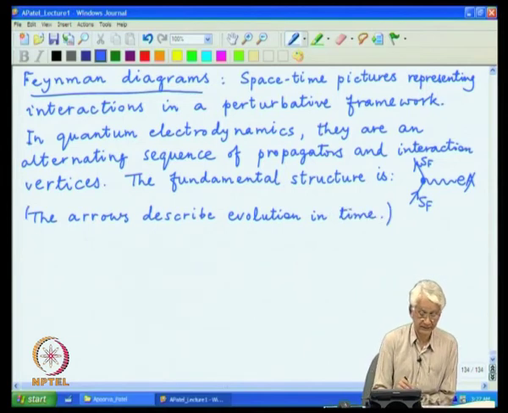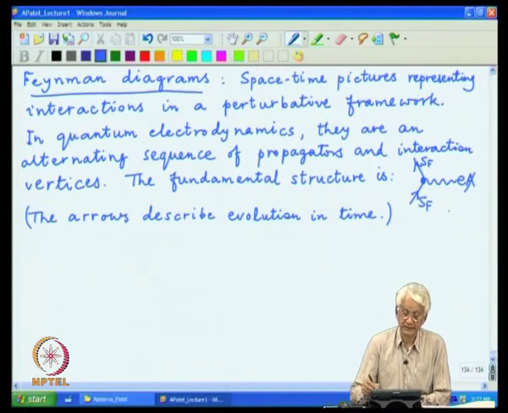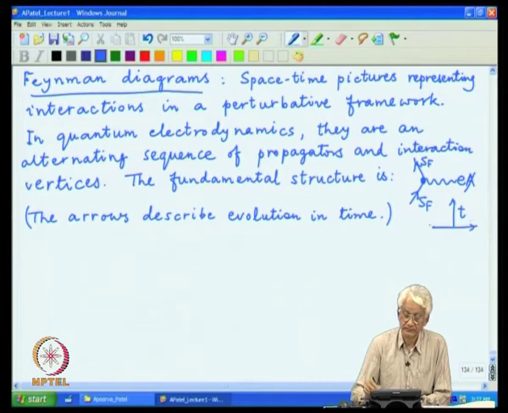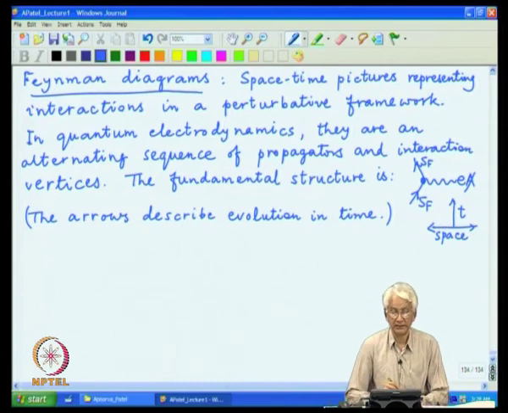In particular, for every propagator there is an arrow which says the particle is going in the future in this direction, and in this particular picture the time direction is sort of pointing upwards and the space is in the orthogonal direction, which describes many different locations, and then one has this representation of an interaction.